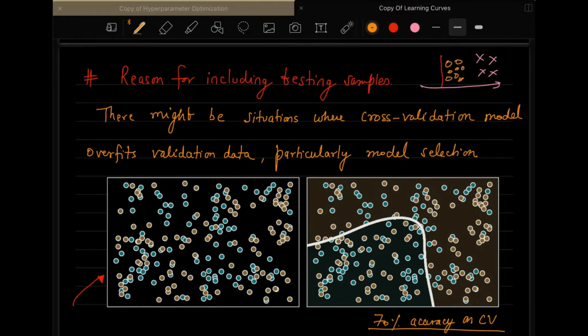We are not looking at a situation where the data is separated by some nonlinear or linear boundary. What we are doing is randomly placing the two classes of 0 and x, let us say, like this. So there is no clear cut boundary here.